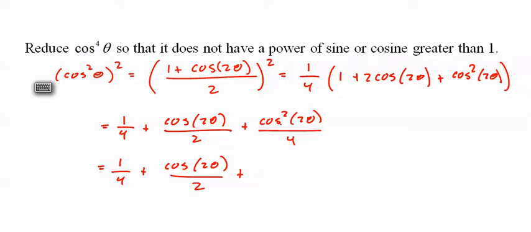Cosine squared is, I'm going to put the whole 1/2 out front, plus. Now it's not 2 theta anymore. It's 2 times 2 theta.